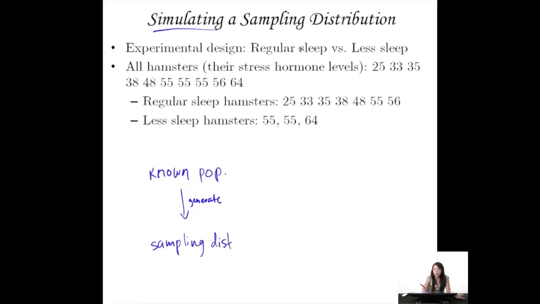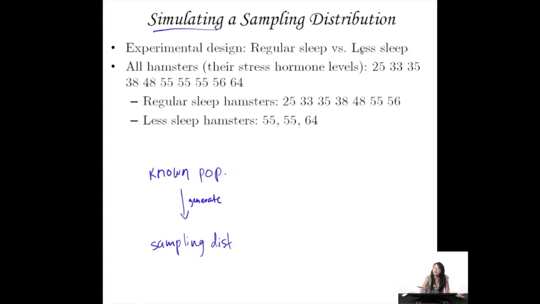So an example of a data set that you might do this with is something like this. So here we have an experimental design. We want to know if hamsters who get a normal amount of sleep versus less sleep will experience more stress. And maybe we have a hypothesis that having less sleep leads to greater stress. So we're going to look at the independent variable of sleep, either regular or less sleep. We wake the little hamsters up.